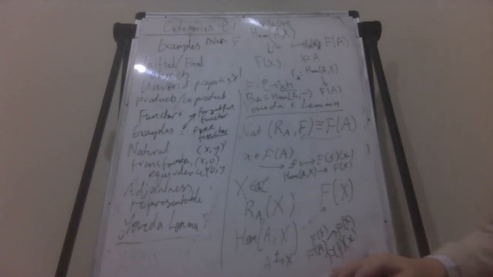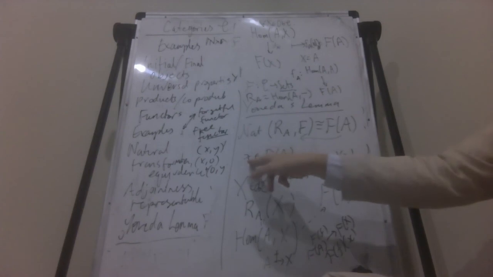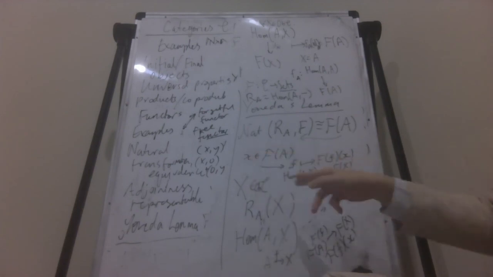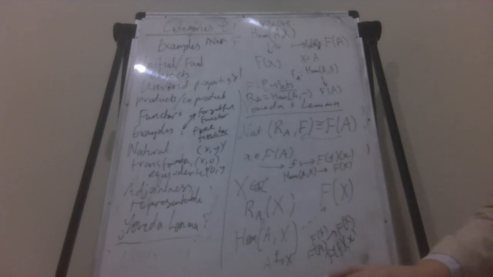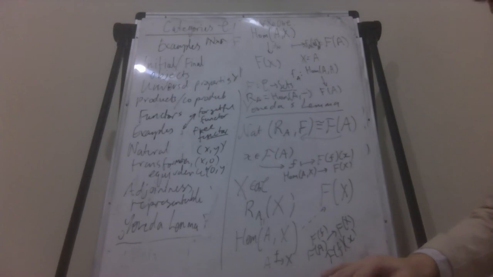So for example, if we took f of a of the identity, and we put it here, or if we took this and put it into there, would you get back?